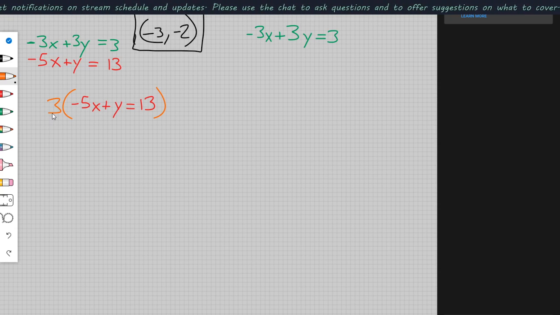I'm going to go ahead and just multiply by 3 though, so 3 times negative 5 is negative 15. 3 times y is going to be positive 3y. 3 times 13 is going to be 39. So now I'm going to take this and write it right underneath.